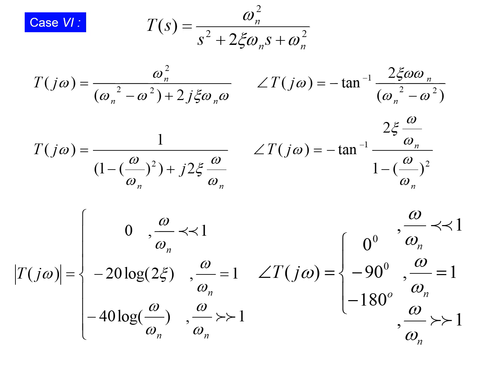And then if omega per omega n more than 1, the amplitude is minus 40 log omega per omega n, while the angle of the function T(j omega) for omega per omega n less than 1 is 0 degree. Omega per omega n equal to 1 is minus 90 degrees, and then omega per omega n more than 1 is minus 180 degrees.